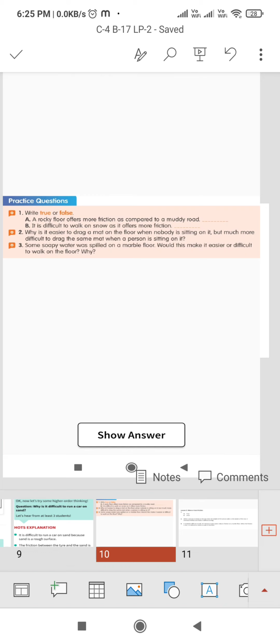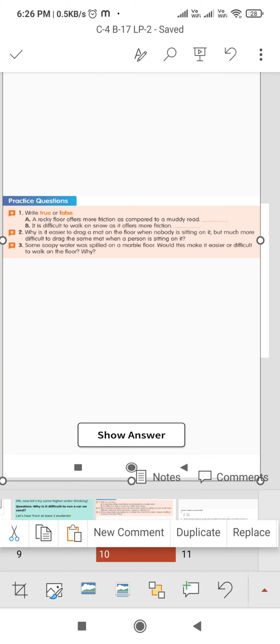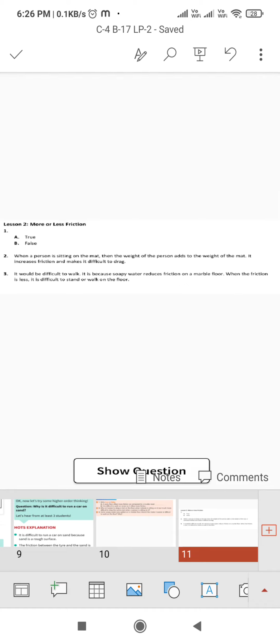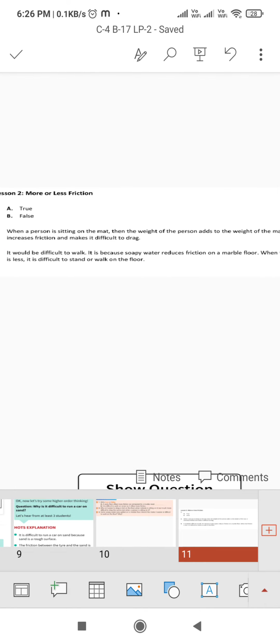Why is it easier to drag a mat on the floor when nobody is sitting on it, but much more difficult to drag the same mat when a person is sitting on it? The answer is, we have discussed that the more the weight, the more the friction, and it will be difficult to drag it.